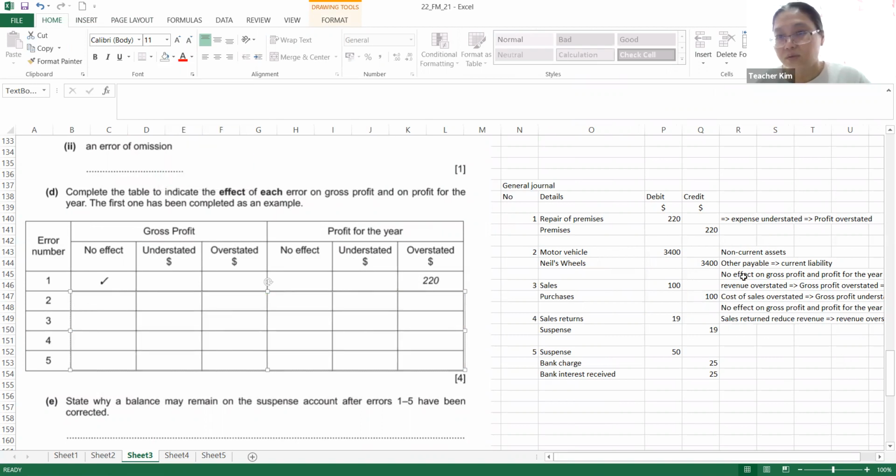So number 2 is no effect. So this one, you put a tick here. No effect for both. Okay. And then number 3 is this one, also no effect.